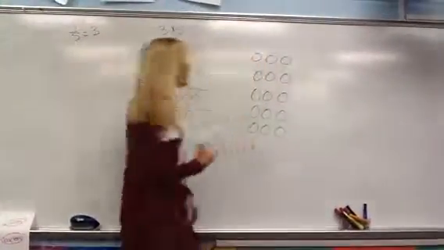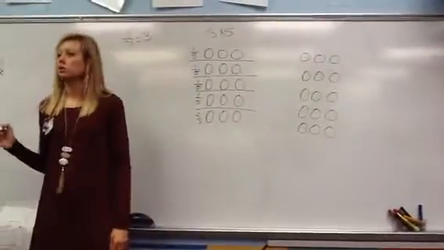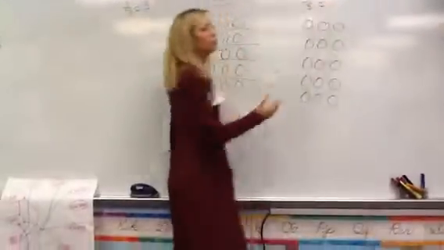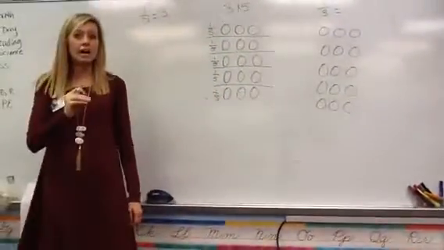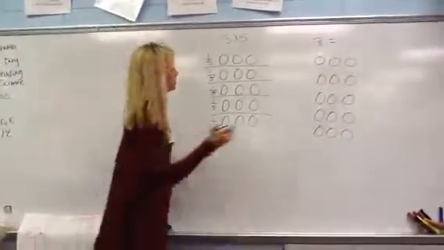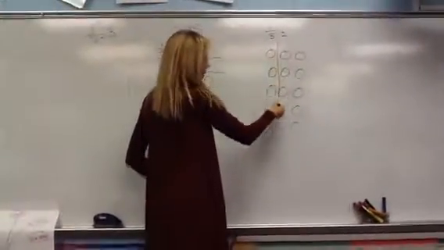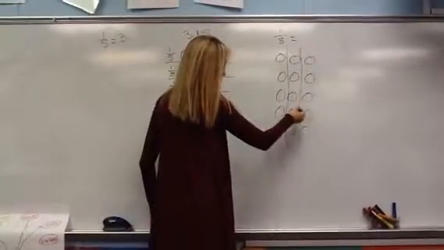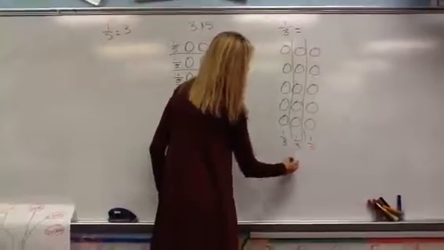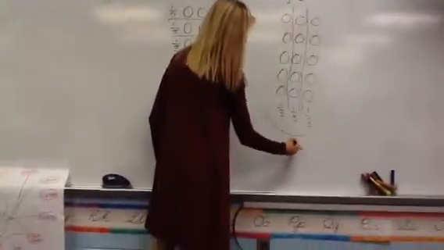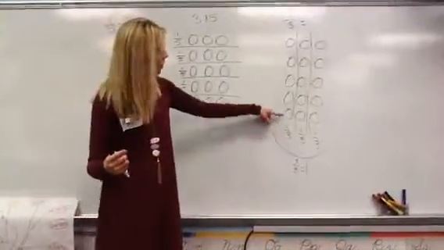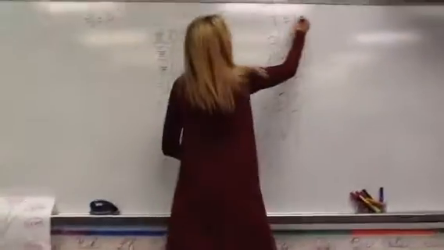This time, if I wanted to split it into thirds, and I said, how much is 1/3? 1/3 equals how many? 5. It equals 5 because you have to split it into 3 equal parts. Good. So if I split this into 3 equal parts, this is a third, this is a third, this is a third, and the whole thing equals 1 whole because 3/3 equals a whole. And in 1/3, I've got 5.